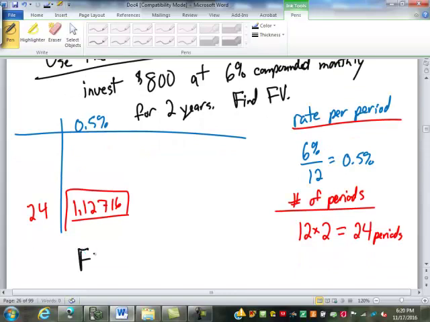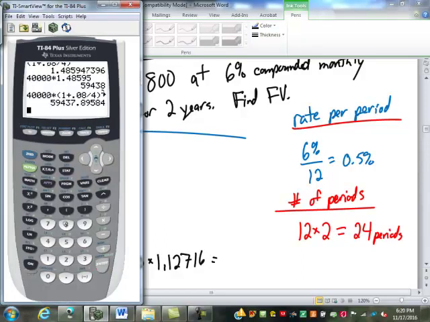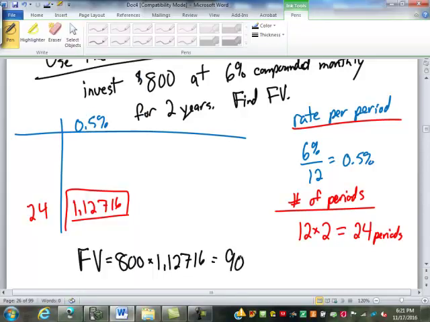So our future value is $800 times 1.12716, which is $901.73. Anybody get something different? Perfect.